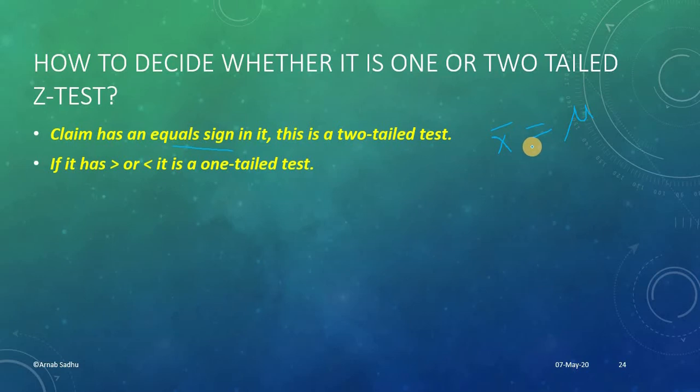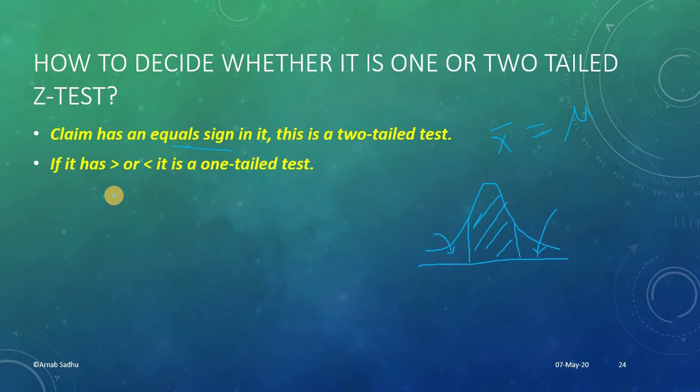If it is greater than the population mean, again you are wrong. So your claim being right falls within a region like this. Here your idea is true, and your idea is false in those two cases where you are either greater than or lower than that. So here you should go for a two-tailed test.